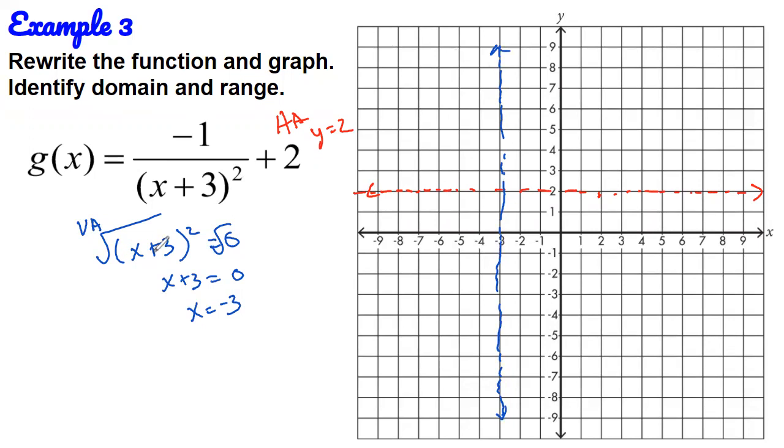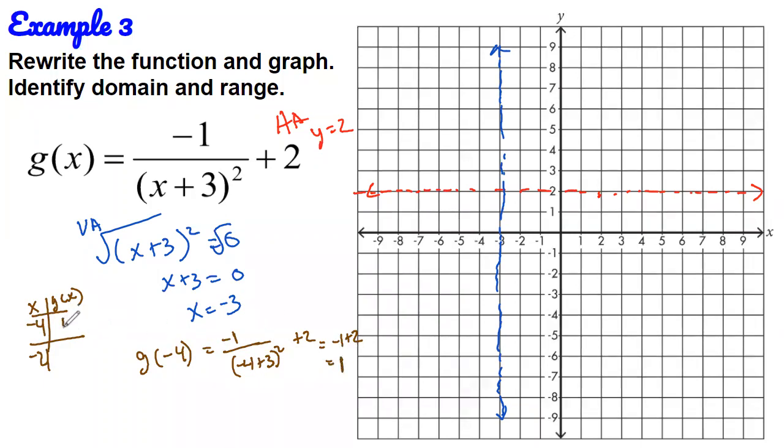Let me pick my colors. -4 and -2. Let's try them out. Now, g of -4 equals -1 over (-4 plus 3) squared plus 2. Now -4 plus 3 gives me -1, squared. So this is -1 plus 2, which is positive 1.